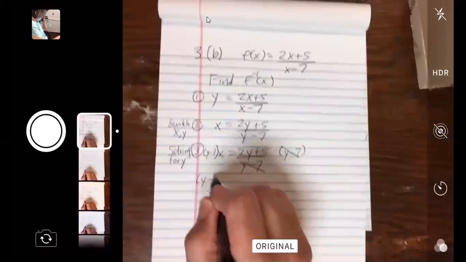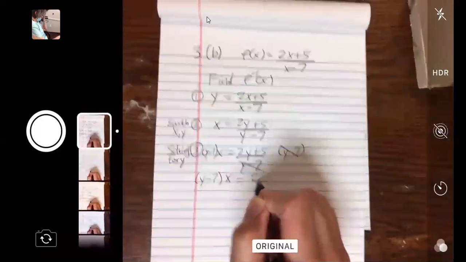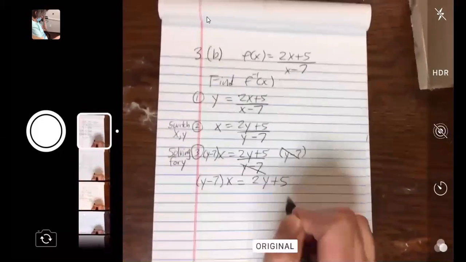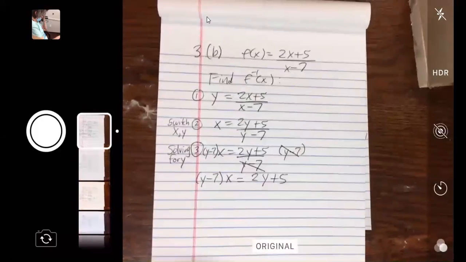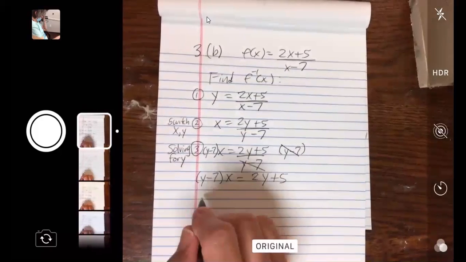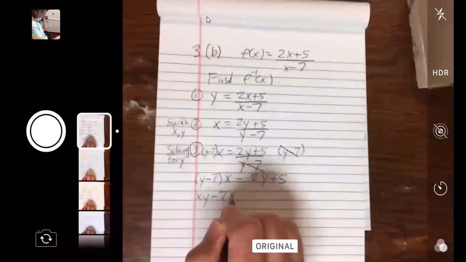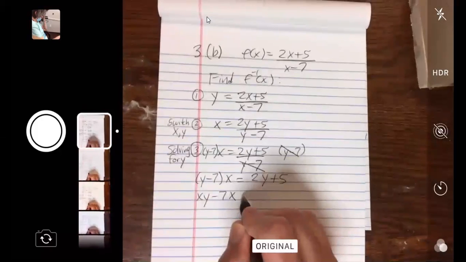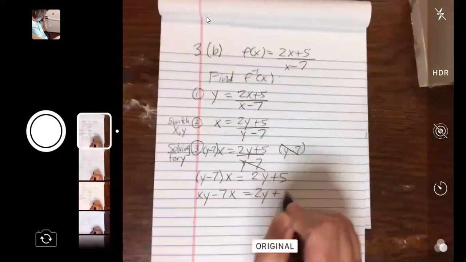Y minus 7 times x is equal to 2y plus 5. I've cleared the fraction. Now I'm going to distribute the x. I'll write it xy minus 7x equals 2y plus 5.